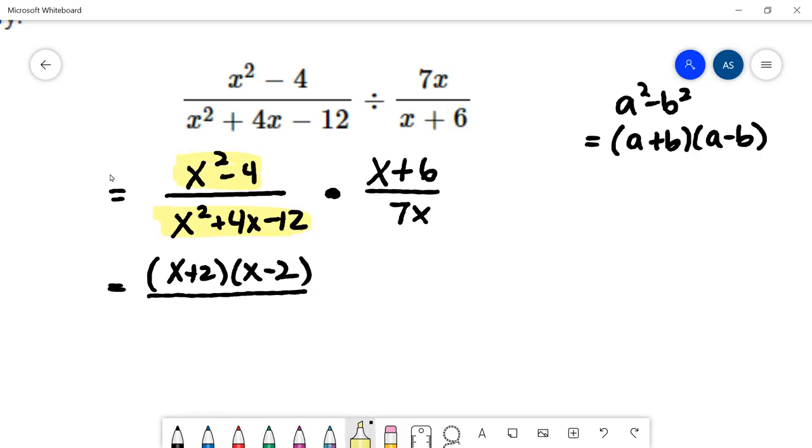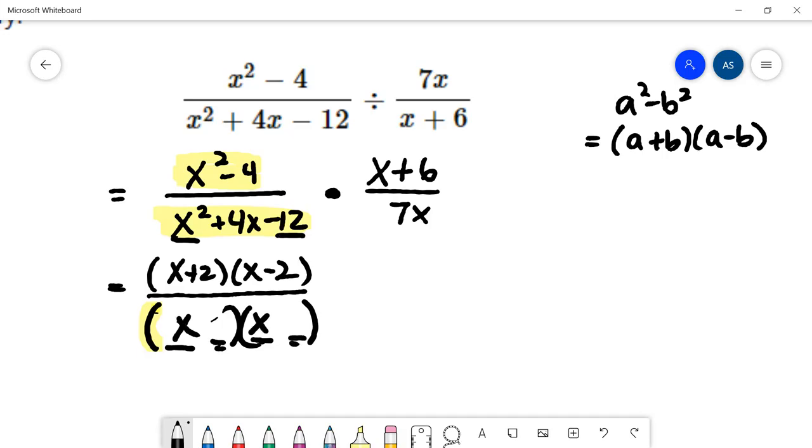So I'm going to set up my 2 binomials. Okay, 2 binomials. And what goes in the front needs to multiply to be x squared, so that's x and x. What goes in the back needs to multiply to be negative 12. There's a bunch of factors of 12: 1 times 12, 2 times 6, 3 times 4.